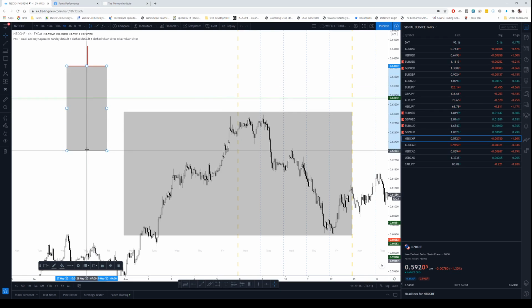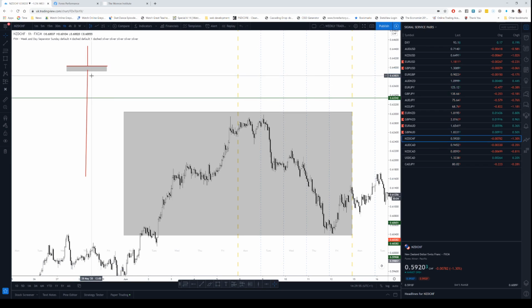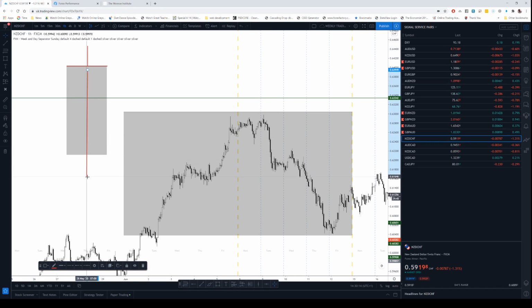By Thursday, New York, it will reject and form the low of the week, and sometimes it can come all the way back up here and finish something like this. That's why I tell you guys to take something off all the time, because you could be in a very nice trade at the start of the week, and then price will just come all the way back and stop you out. So this is the weekly profile that I'm talking about.